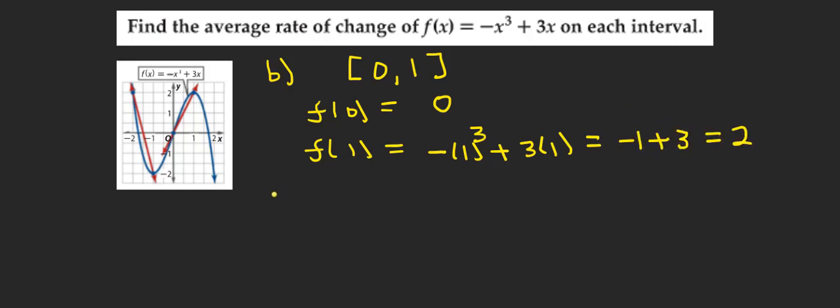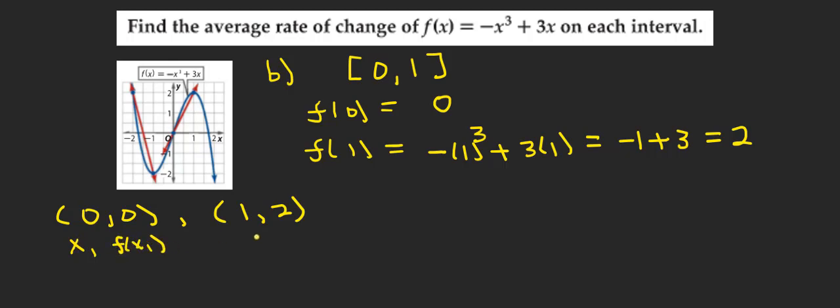So we have 2 points, which is 0, 0, and 1, 2. This is our x1, that's f of x1, this is x2, and this is f of x2. So how do you find the slope?